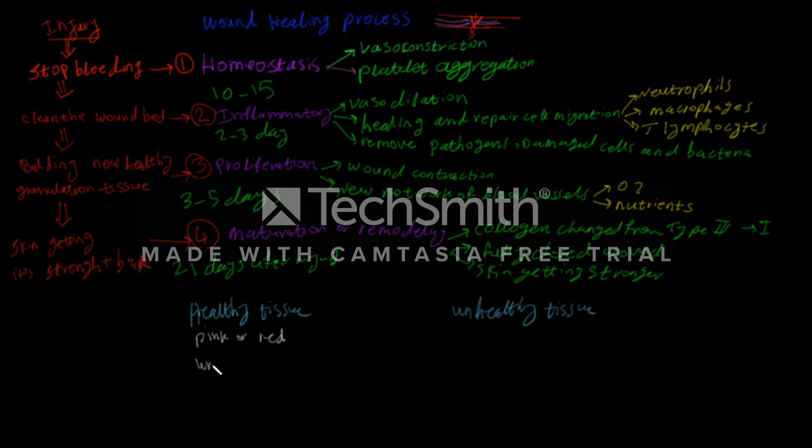It's uneven in texture. What does it mean, uneven in texture? Usually they say berry-like tissue. Berry-like tissue is like when you look at a strawberry, how granulated it is and how uneven it is. We are looking for that kind of tissue. So that's the healthy tissue. And also healthy tissue does not bleed easily.